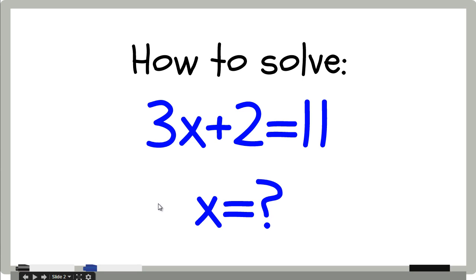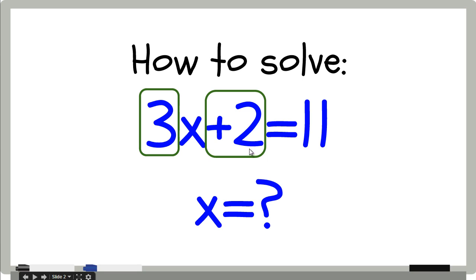It means figuring out what that variable is standing for. So in the end result, what we want to get to is basically this. We want to get to x equals something. We want to find out what x equals. Well, if you look at the original equation and what we're trying to get to in the end, you'll quickly see the problem is x isn't by itself. Instead, there's a 3 that's been attached to the x by multiplication, 3 times x.